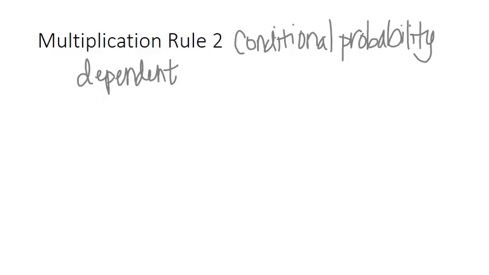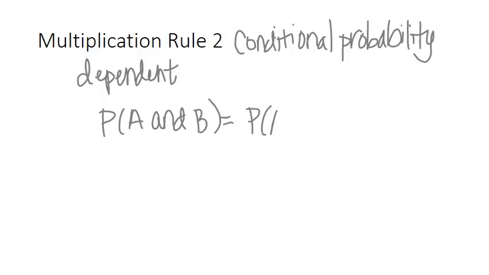Okay? So when we're talking about these dependent events, we're still talking about A and B. So we're still multiplying here. But it's now the probability of A times the probability of B given whatever happened in A. And I'll tell you what that means.